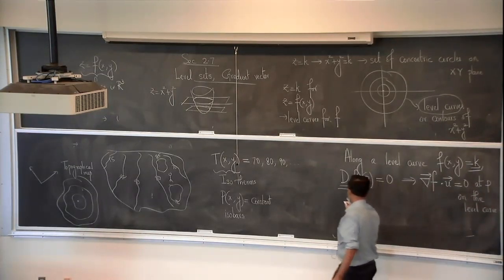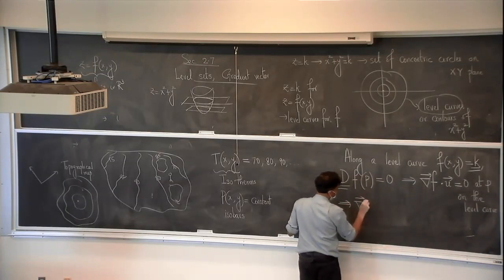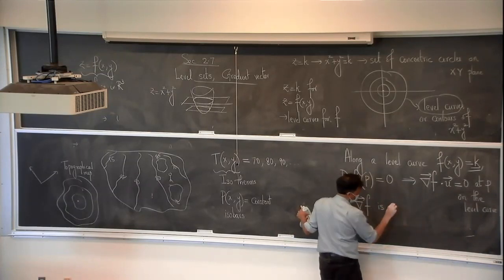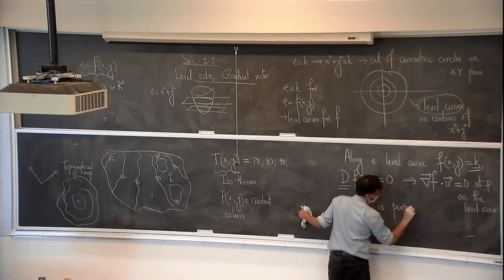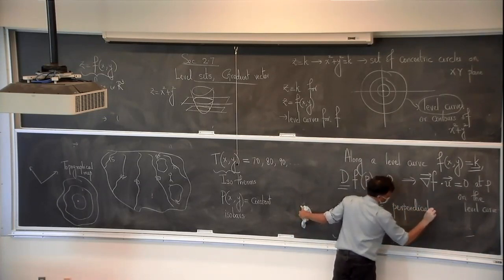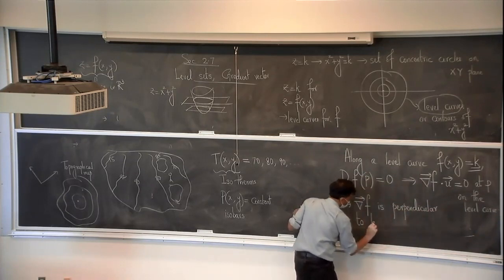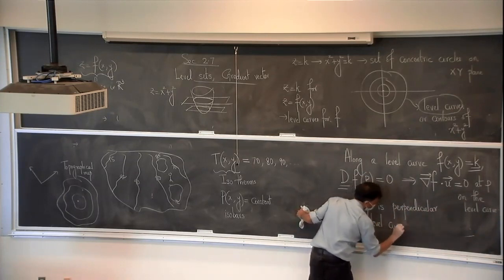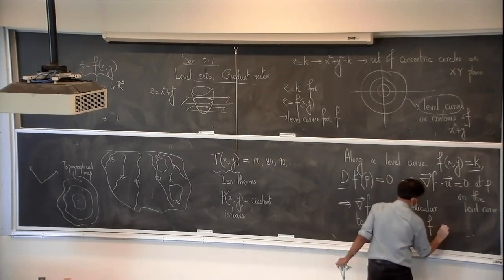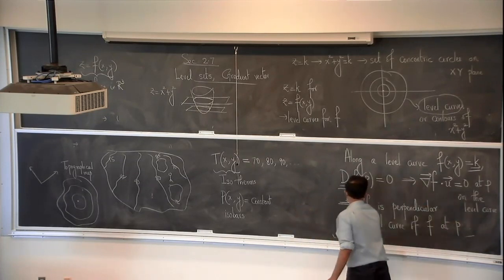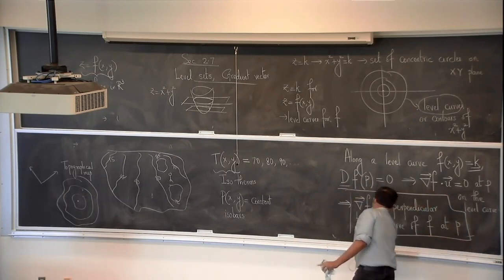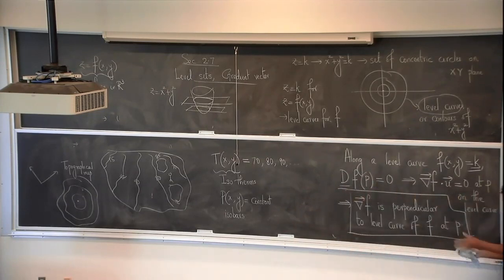So this means that the gradient vector is at 90 degrees, or perpendicular, to the level curve of f at the point P. So not only does it tell you the direction of the fastest rate of increase or decrease, for a given level curve, which means when the function is constant, it's also telling you that the gradient is perpendicular to the level curve at each point.